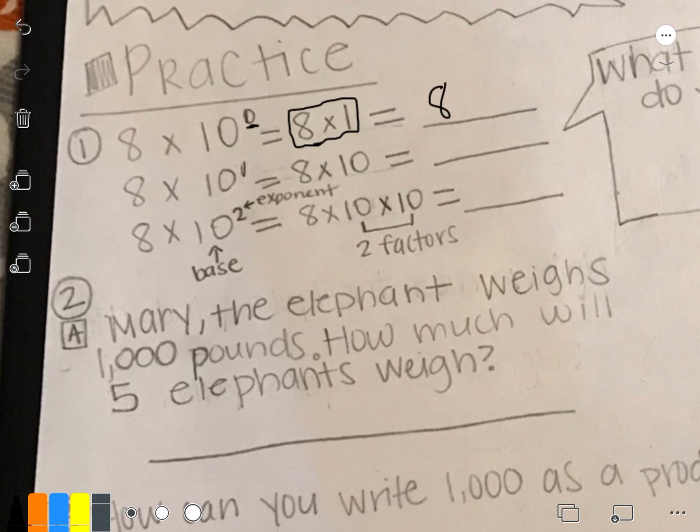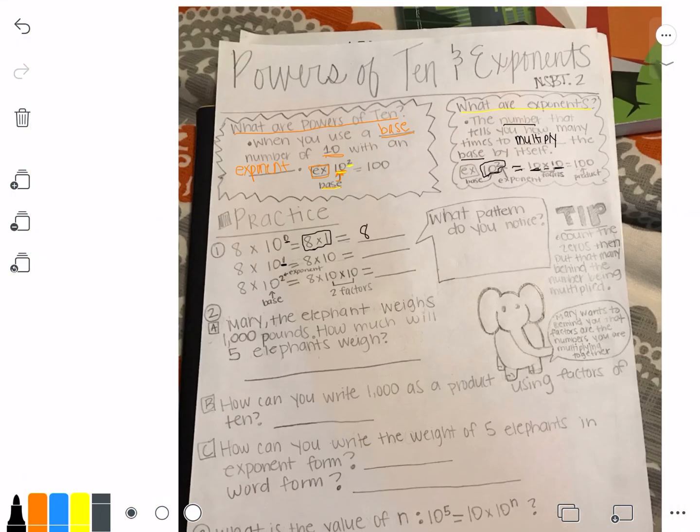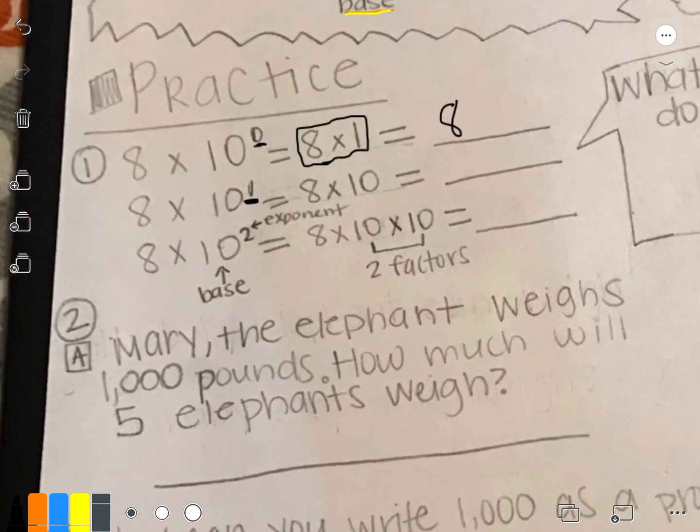8 times 10 to the first power. Okay, if we think back up to what an exponent is, look back up to the exponent definition. That tells you how many tens you're multiplying by. Well, the number for the exponent is 1, so I should only multiply by 1 10.